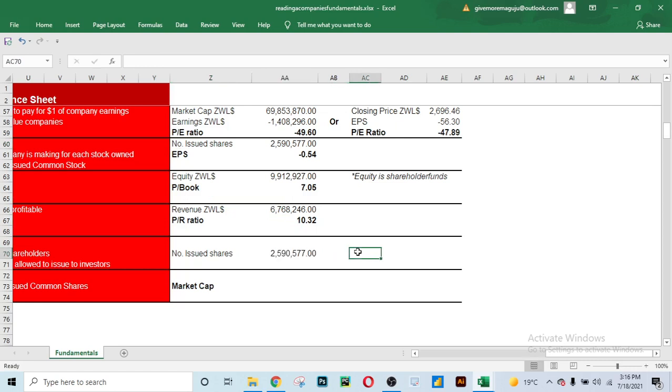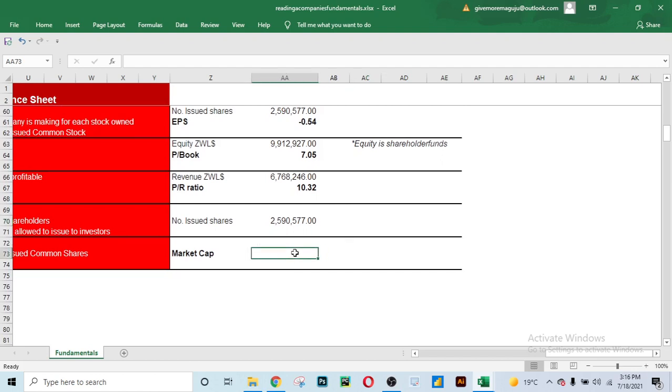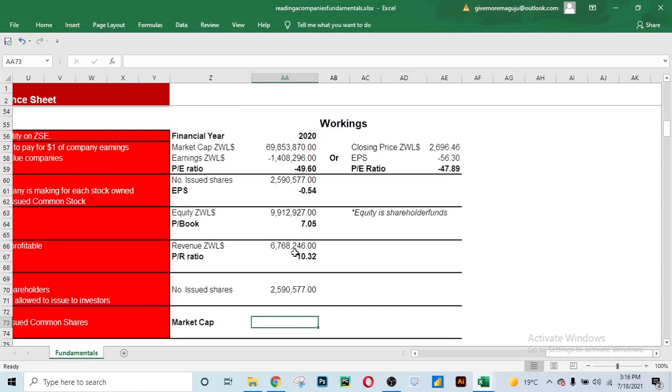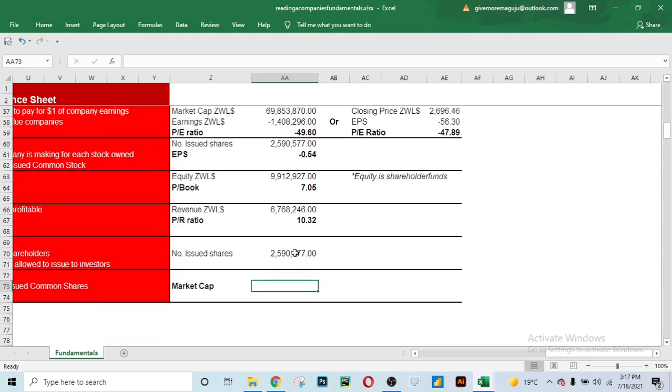Right, so these are the number of issued shares. Then here we have to calculate the market cap. To calculate the market cap, we need to multiply.